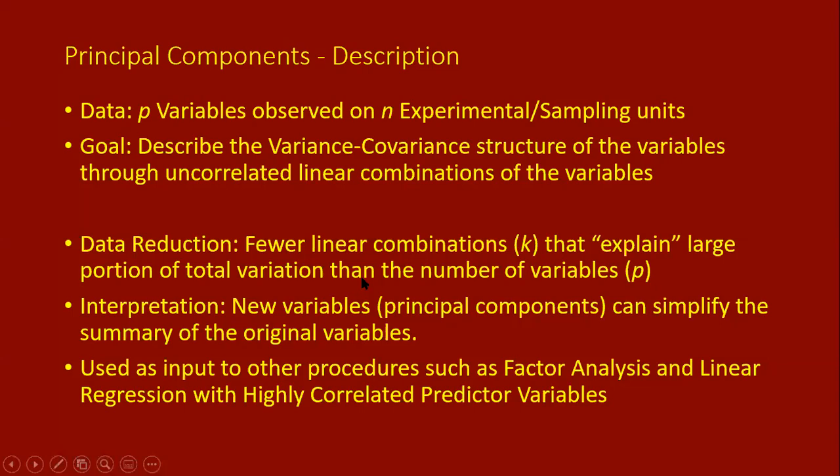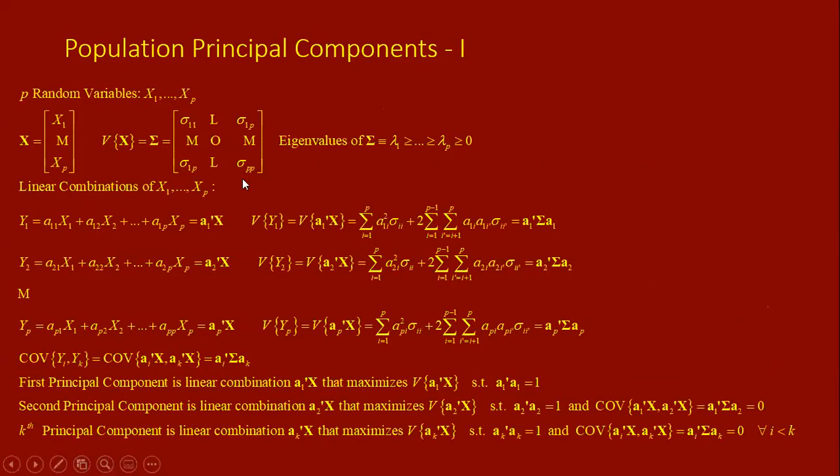Now you can see, I've been able to explain this. So that is the job of the principal component analysis. This is a population principal component, where we've got p number of variables. I told you we're going to set up a variance covariance matrix, and from the variance covariance matrix you're going to find the eigenvalues. The eigenvalues are the variances of the new transformed variables.